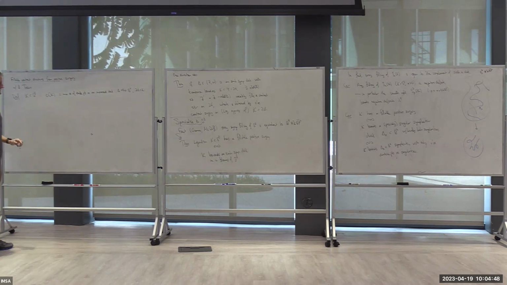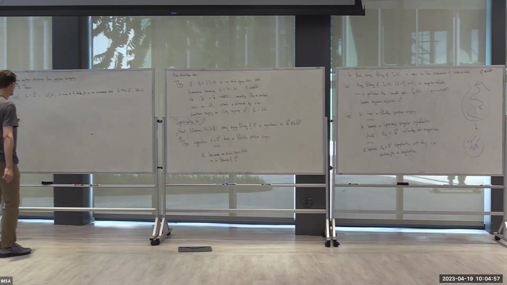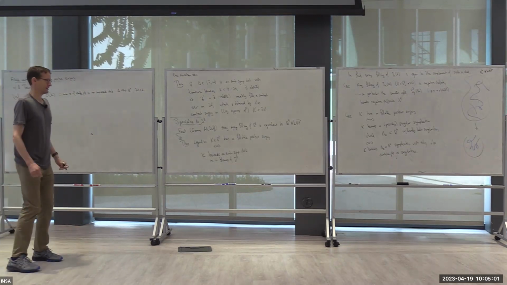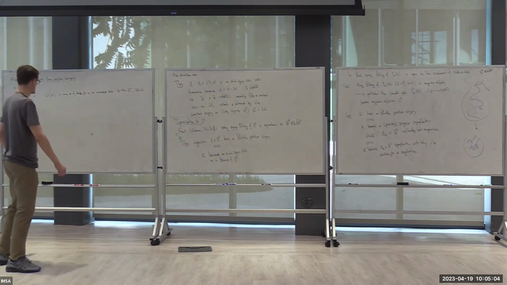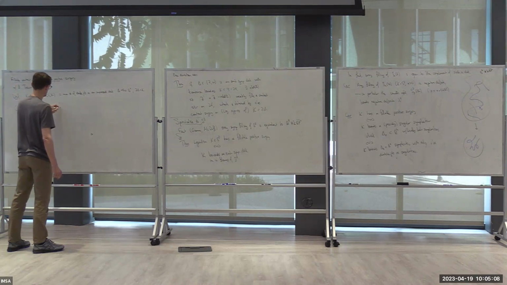And you can refine it by sign if you want. C plus and C minus would be the minimum number of positive double points inside the disk, and C minus is negative. So the corollary is, in this case, you have a fillable positive surgery.